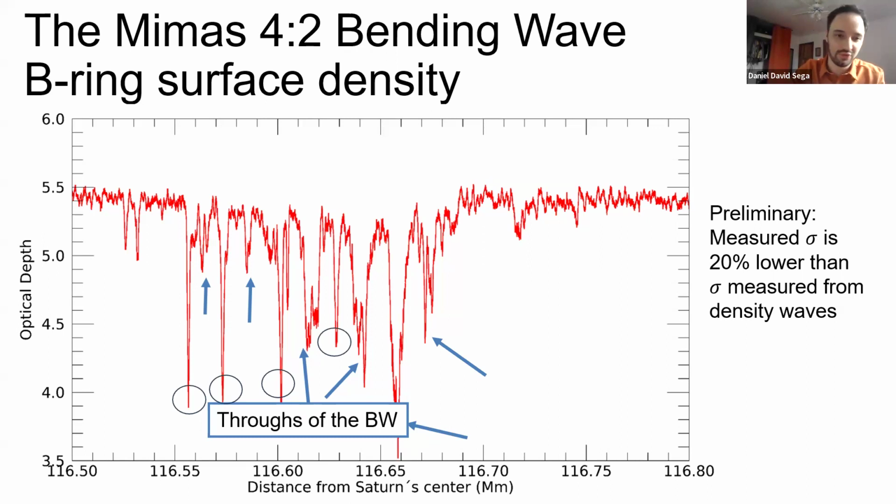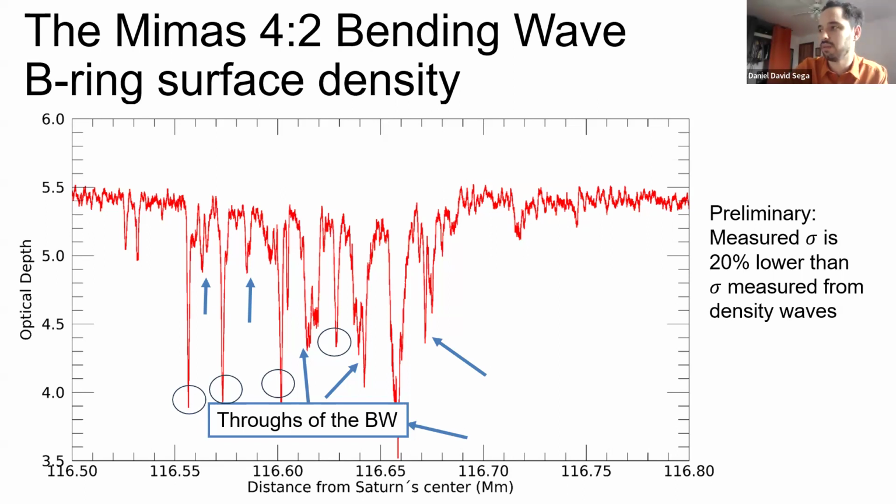If we fit the wavelength, though, we get that the wavelength is smaller than what you would get from density waves, something that we also find in the 5 to 3. So maybe density waves always increase the density measure. You know, there's a theory error there on what the sigma is, because a density wave changes the density.